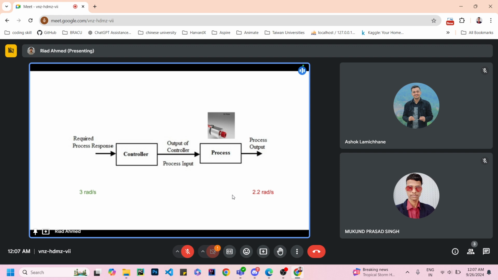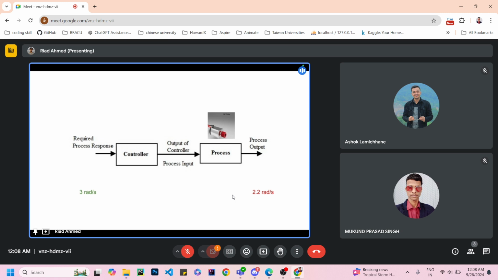So what is the disturbance? Let's say you are trying to resist the rotation of the motor by putting your hand on the wheel, the rotational part of the motor.